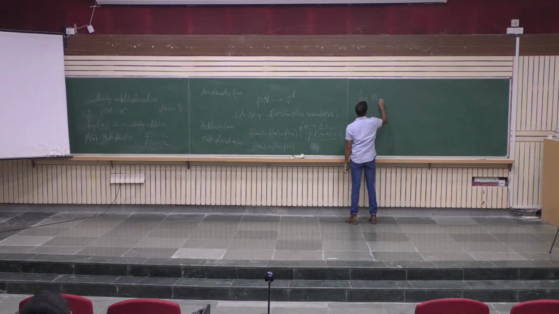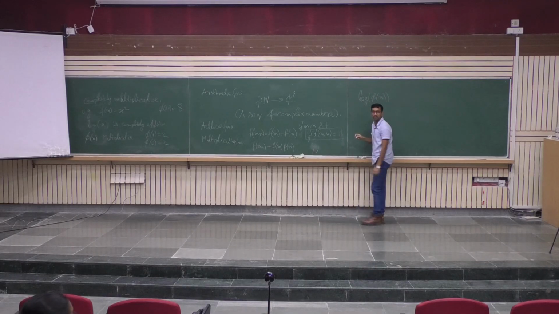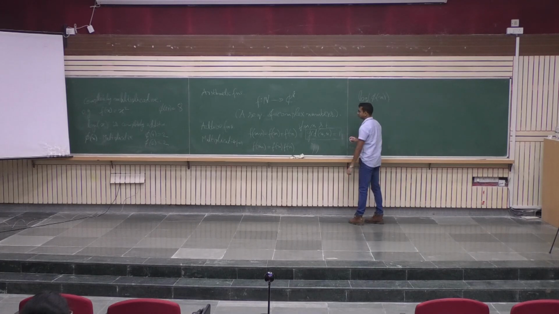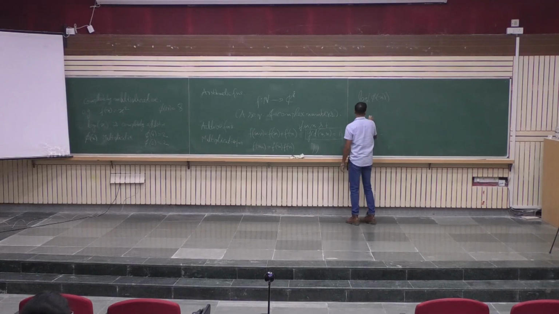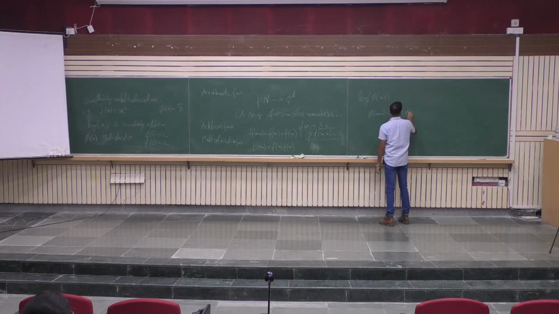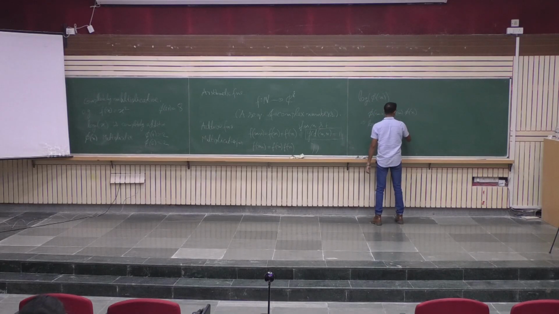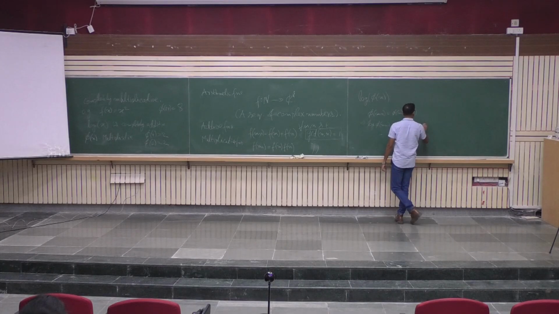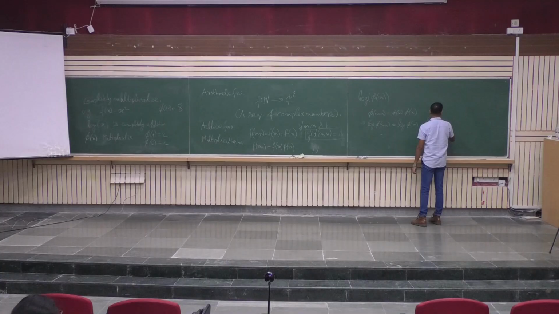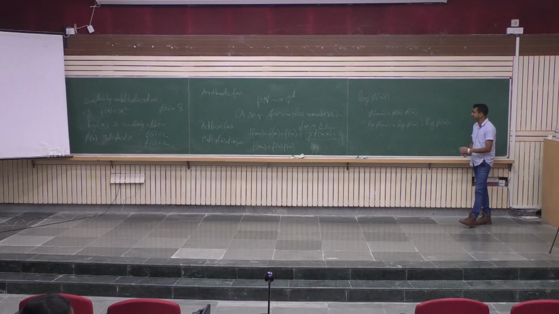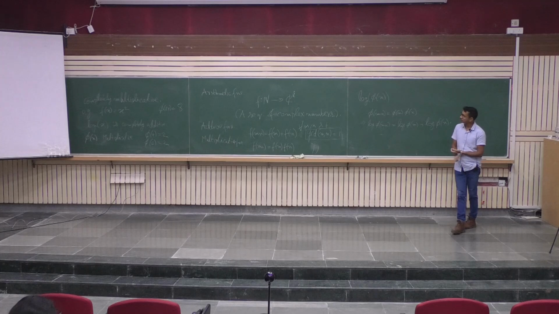At first it should be additive, right? And since phi of mn is equal to phi of m times phi of n, you get that log of phi of mn is equal to log of phi m plus log of phi n, right? And then it is not completely additive because phi is not completely multiplicative, right?